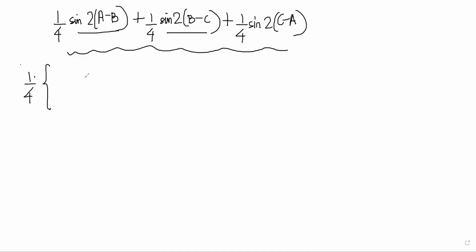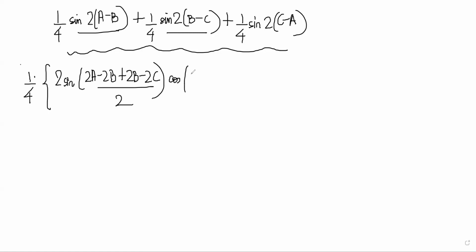This plus this, right? Sine C plus sine D. It will be 2 sine of (2A minus 2B plus 2B minus 2C) by 2 and cos of (2A minus 2B minus 2B plus 2C) by 2, right?